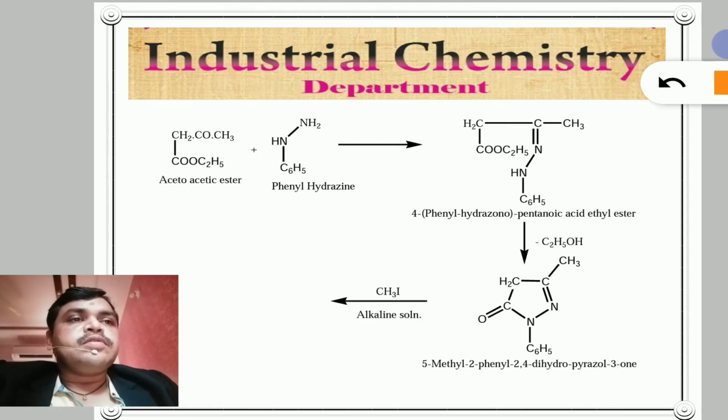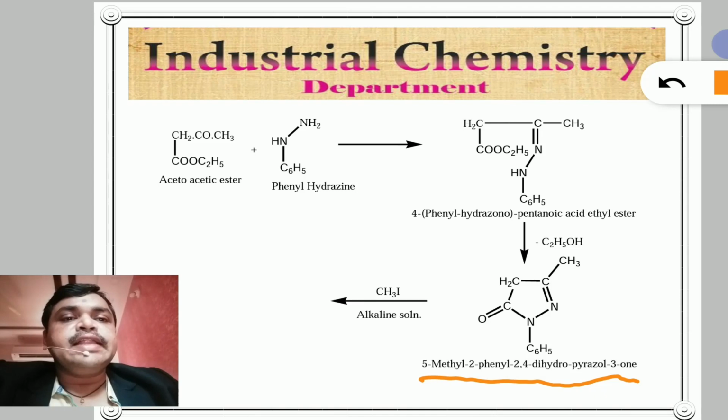Now this 5-methyl 2-phenyl 2,4-dihydropyrazol-3-one is treated with an alkaline alcoholic solution of methyl iodide, CH3I.